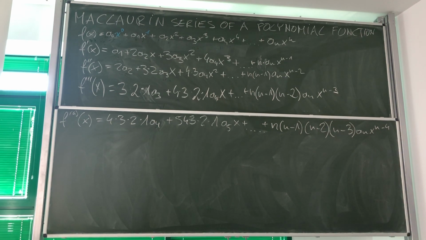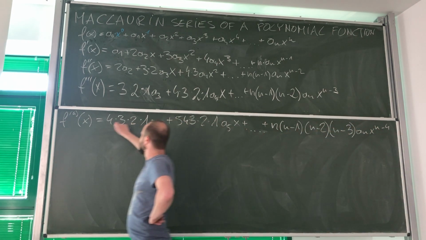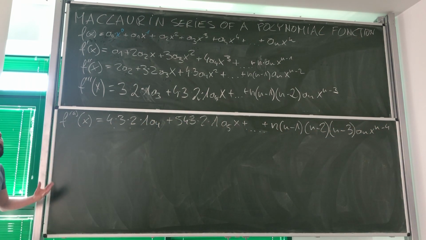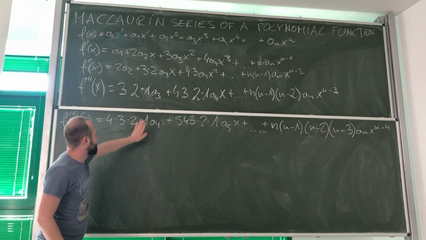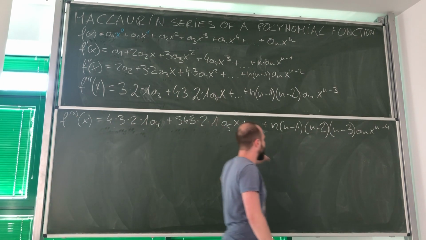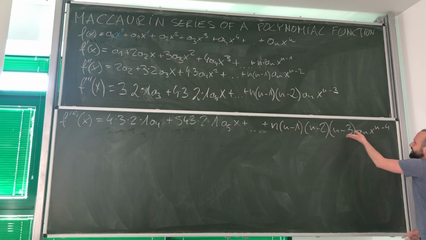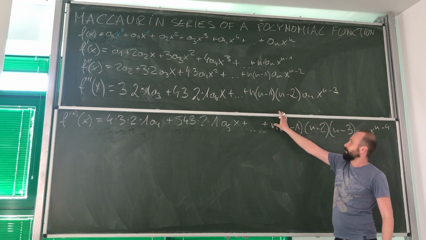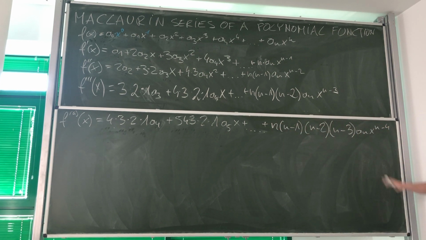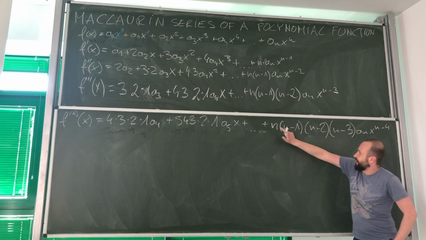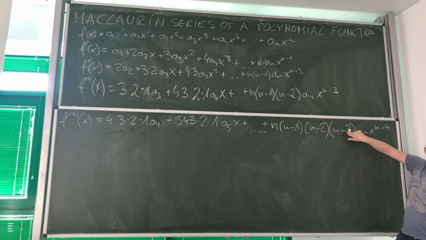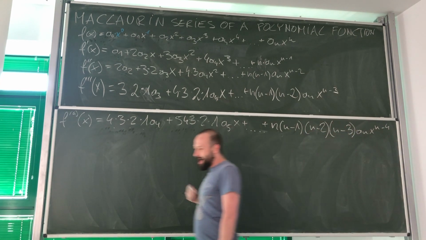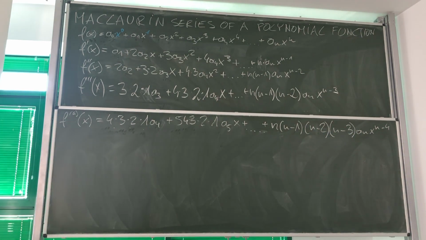And second, we've got these numbers that appear over here, and they are in a very nicely organized fashion, right? 4 times 3 times 2 times 1, 5 times 4 times 3 times 2 times 1, right? We clearly see that this pattern is also represented for the last component, because we have n minus 1, n minus 2, n minus 3.